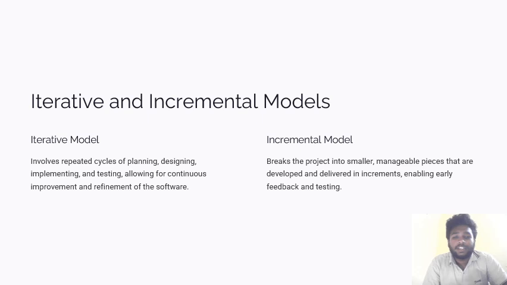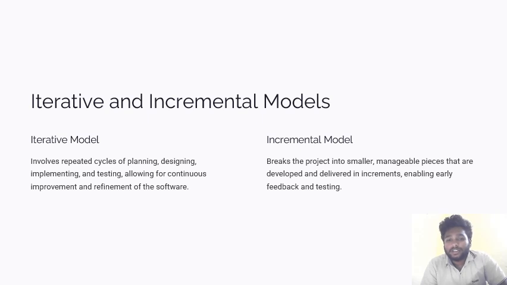Next are the iterative and incremental models. Let us see what the iterative model is. It involves repeated cycles of planning, designing, implementing and testing, allowing for continuous improvement and refinement of the software.